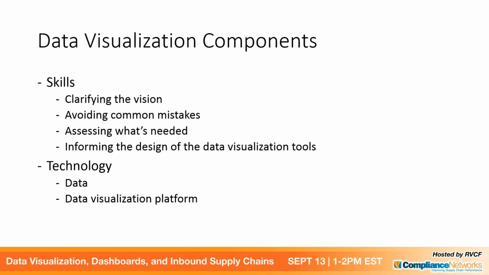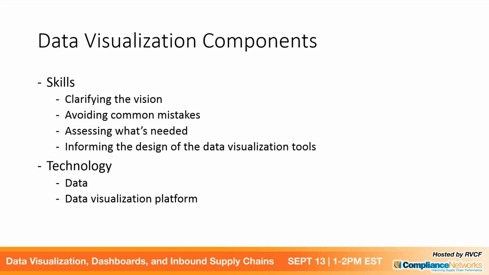We want to assess, do we have the data available to achieve the purpose that the user's looking for? And if not, how do we find that data? And then we want to have the skills to leverage how normal humans use a computer screen most effectively, so that the tools become as efficient as possible in terms of transferring helpful information to the user.